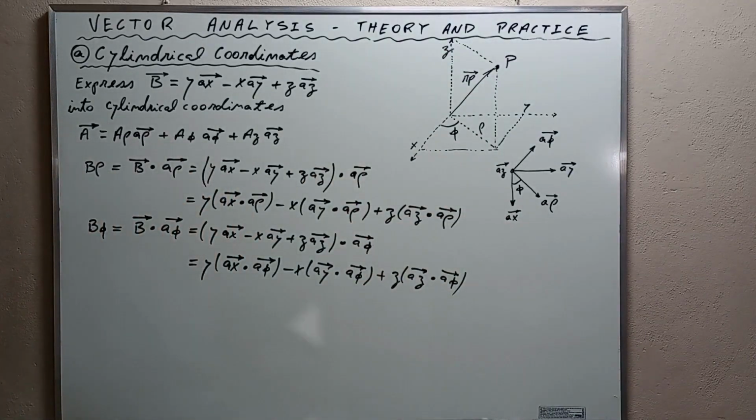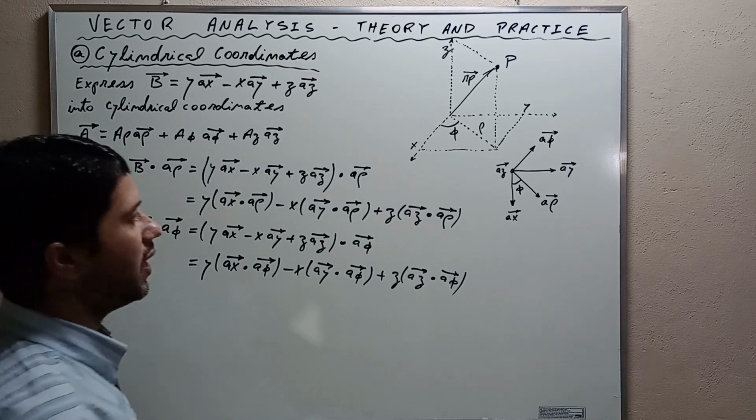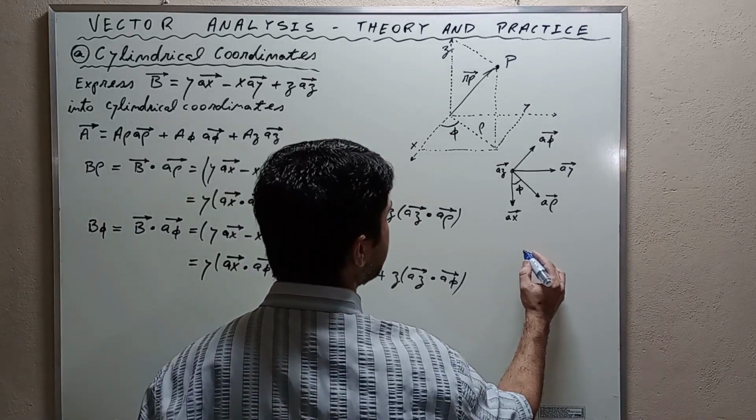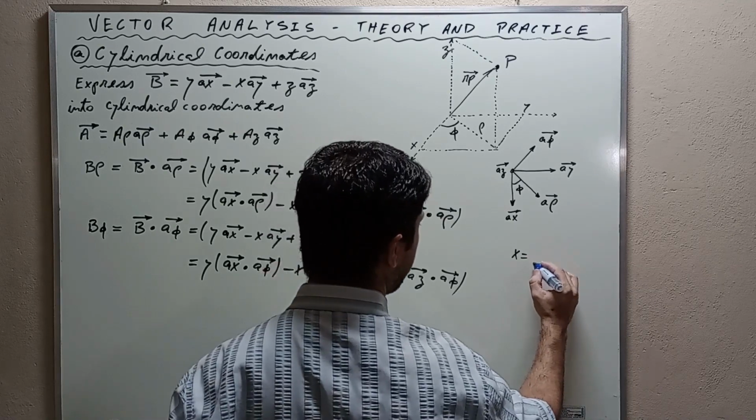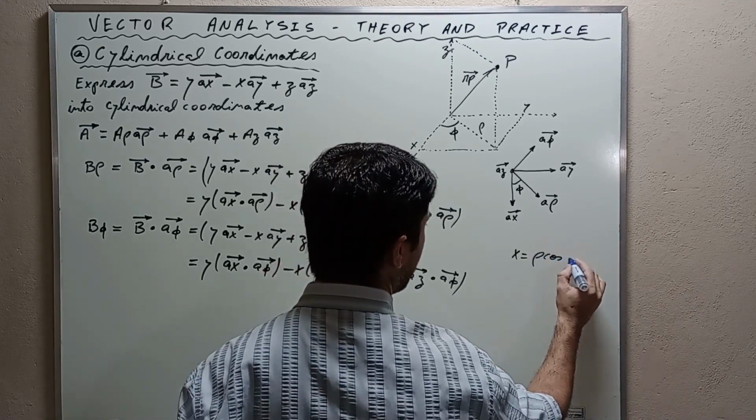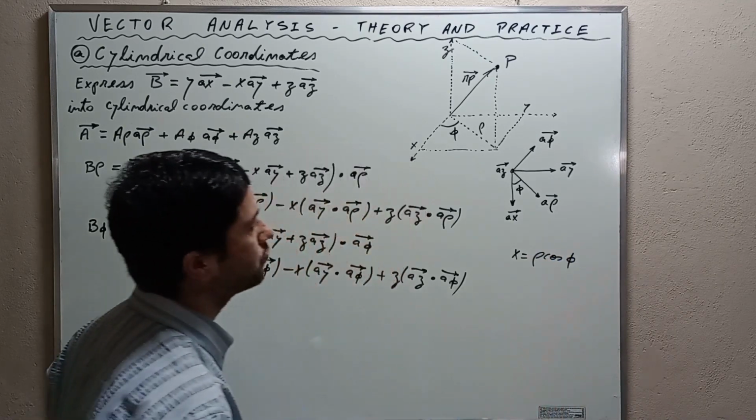Okay, from the graph we can infer that x is equal to ρ times the cosine of phi.